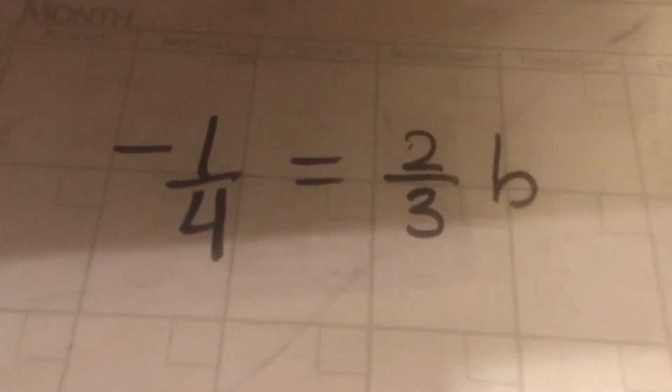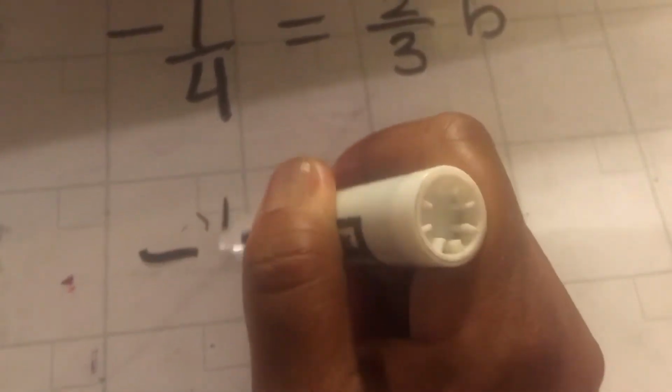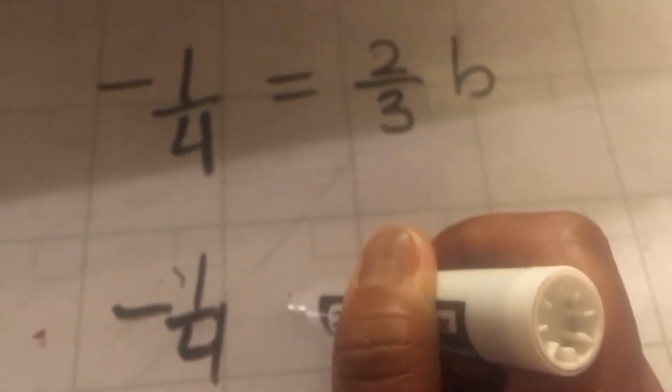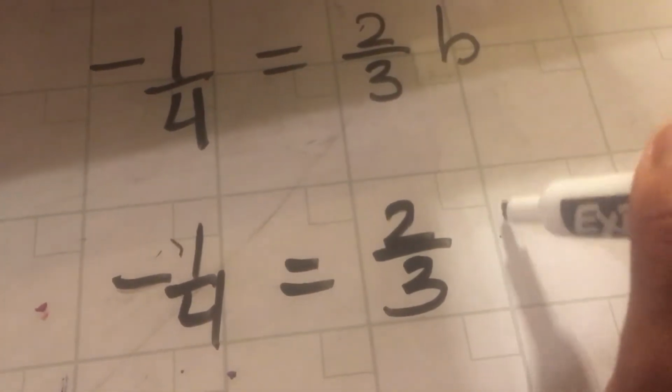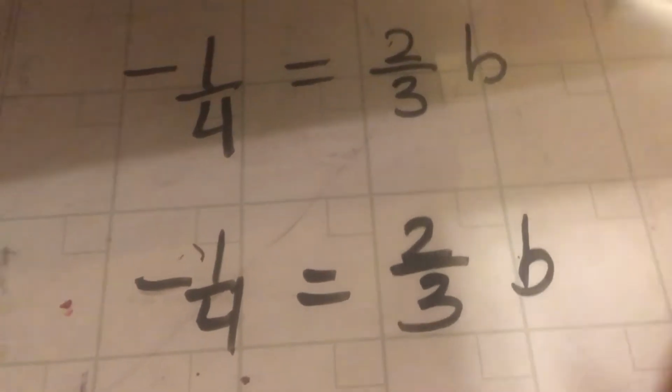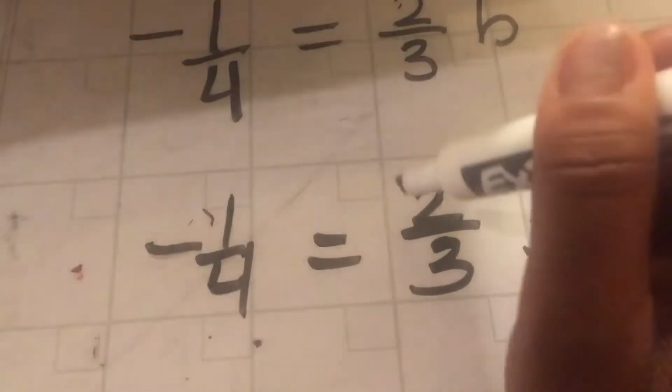All right, in this case, our variable is b. Well, let me rewrite my equation again. Let me drop a line. Negative 1/4 is equal to 2/3 b. All right. In this case, b is our variable that we need to stand alone.